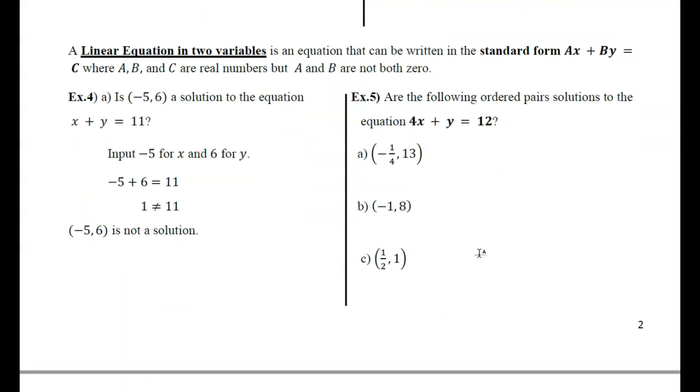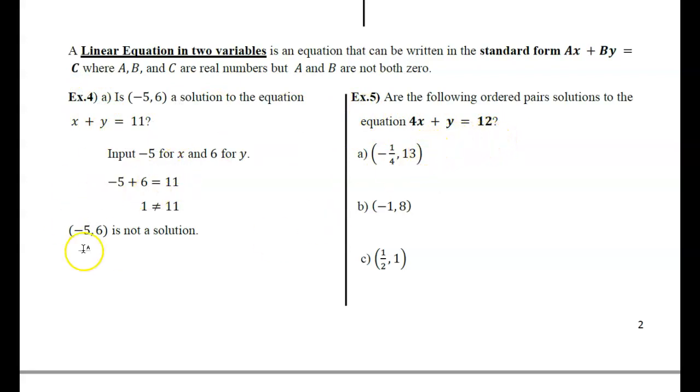All right, let's look at this next section. A linear equation in 2 variables is an equation that can be written in the standard form ax + by = c, where a, b, and c are real numbers, but a and b are not both 0. These are equations like the examples below, x + y = 11 and 4x + y = 12.